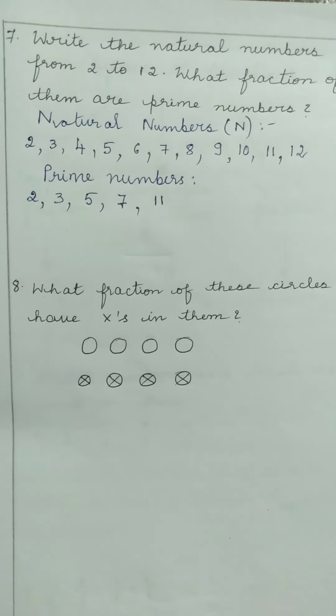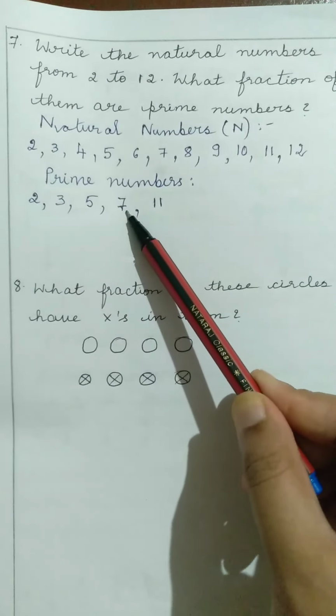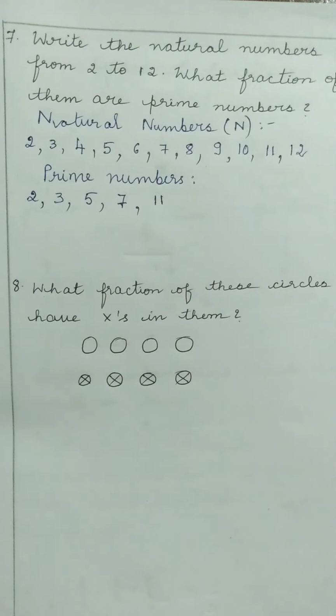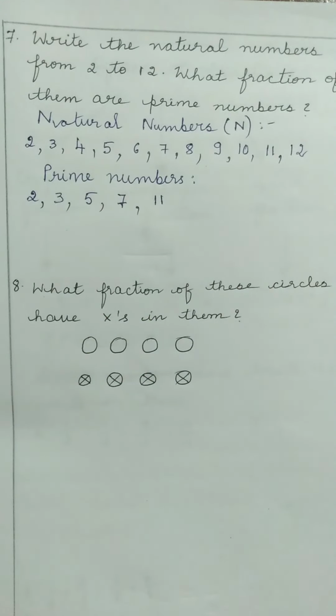Therefore, the prime numbers out of these natural numbers are 2, 3, 5, 7 and 11. These are the numbers which are divisible by 1 and by the same number itself. Therefore, how to represent them as a fraction?